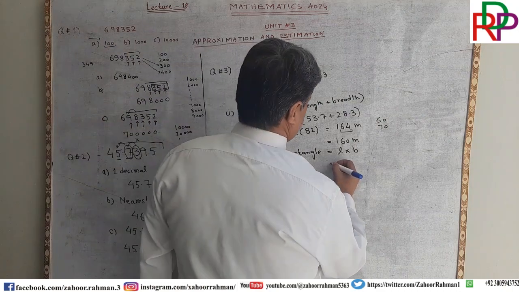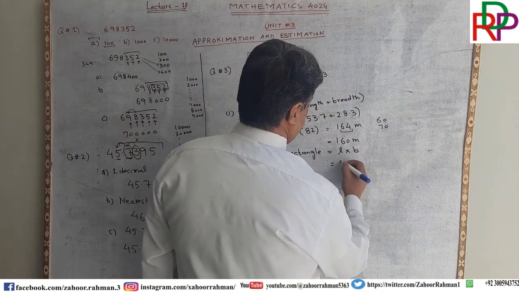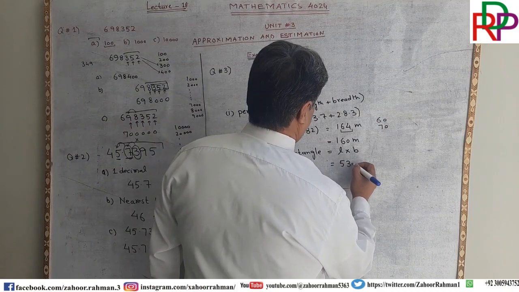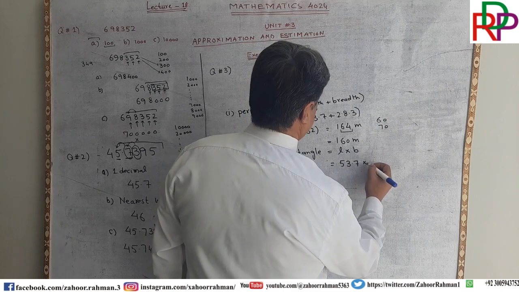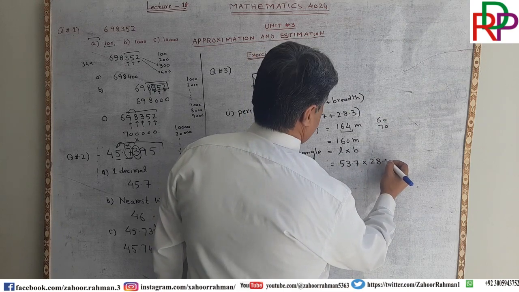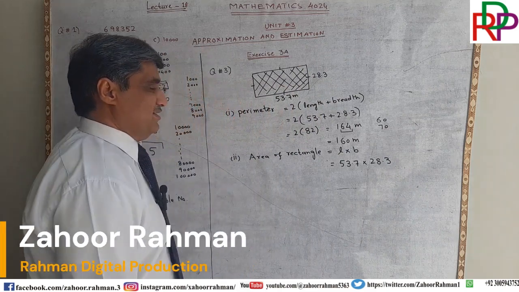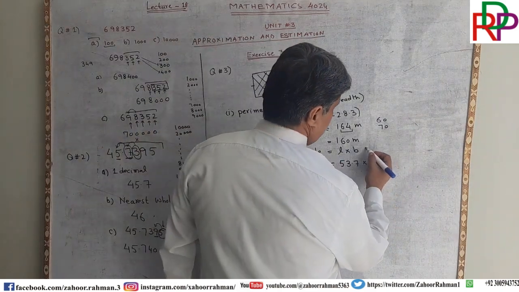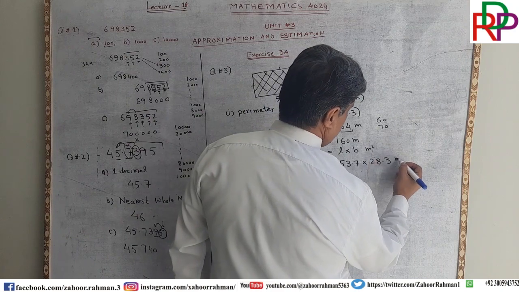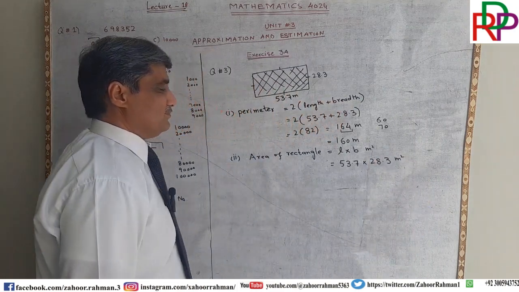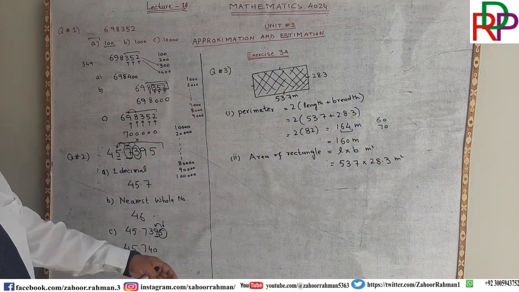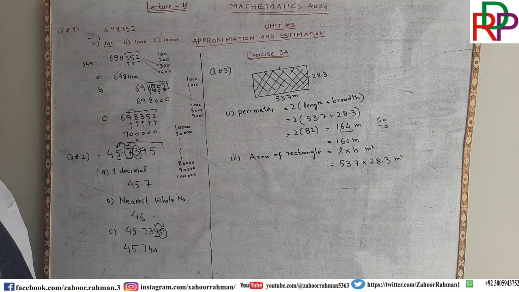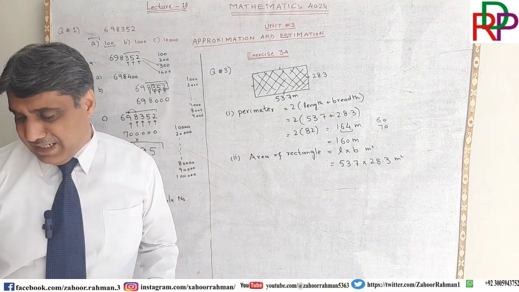Ladies and gentlemen, I have to write 53.7 multiplied by 28.3. And area is always denoted in meter square. So we have to multiply these without wasting our time.